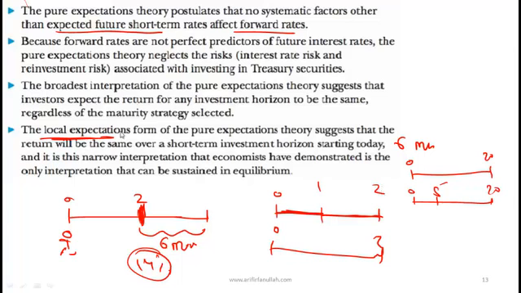According to the local expectations, at least in the short term, whether you go for the 20-year bond or for this strategy, in the short run, both will give you the same return. Whether you agree with this or not is a separate point. All you need to know right now is that this is what is being stated according to the local expectations flavor of the pure expectations theory.